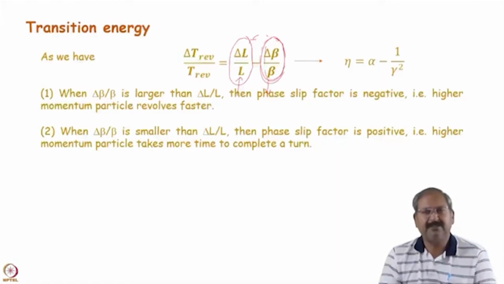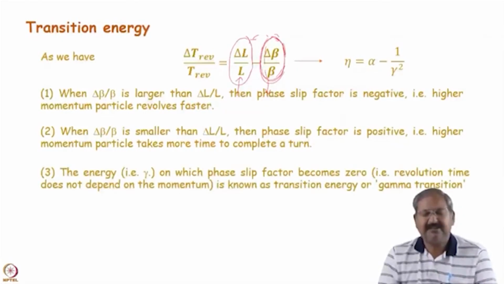So 1 GeV is 2000 times the rest energy of the electron, a very high energy. In this case this factor will be insignificant and the frequency slip factor will be positive. So in general, all electron synchrotrons have positive frequency slip factor, while proton synchrotrons may have positive or negative frequency slip factors.